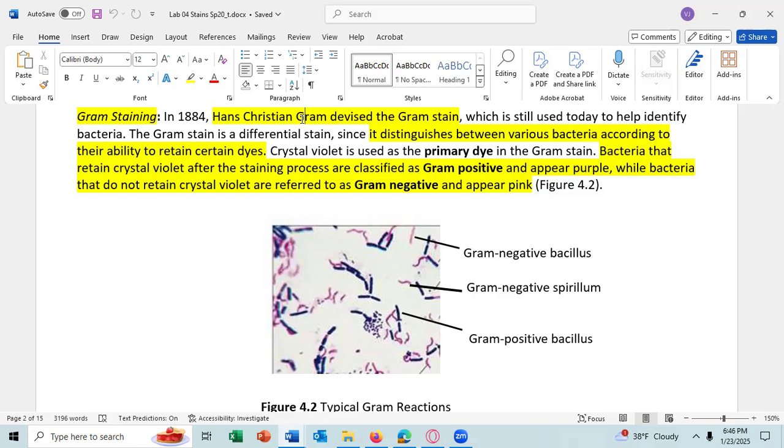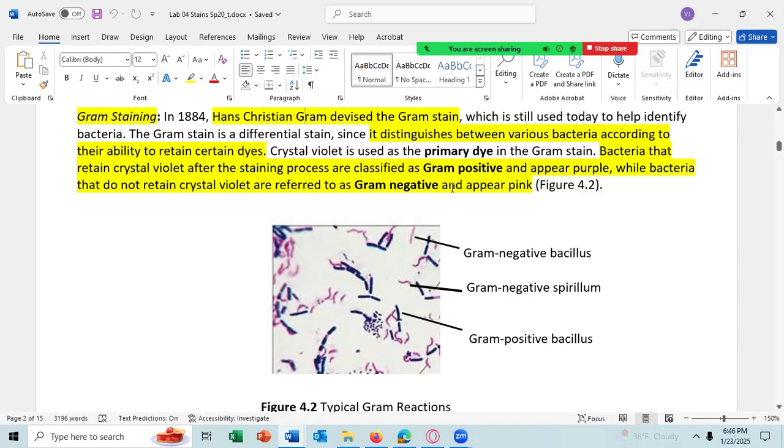Microbiologists started using the Gram stain, and they found that it distinguishes nearly all bacteria into 2 very large groups: the gram-positive cells, which appear purple, and the gram-negative cells, which appear pink in the Gram stain.